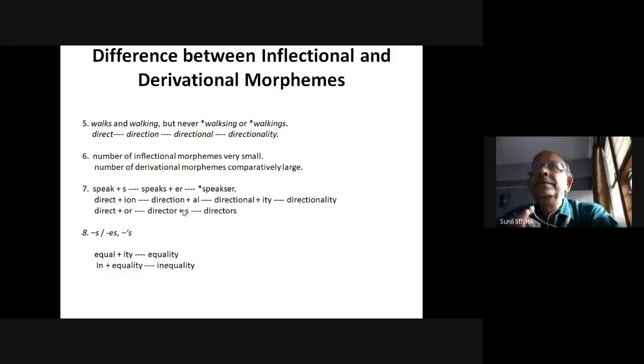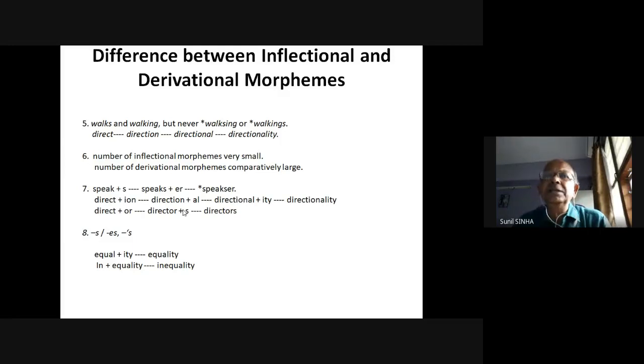Point number 6. The number of inflectional morphemes in English is very small, around 8 or 9. But the number of derivational morphemes in English is comparatively large. There are around 50, 55 derivational morphemes, right?